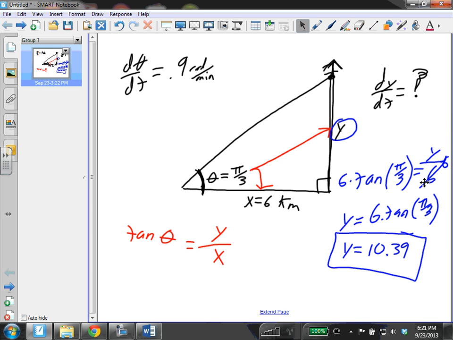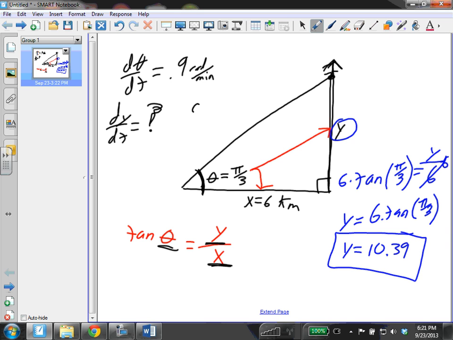Now, when we go to take a derivative, there are going to be several things at play here. Since we have a theta, a y, and an x, whenever we take a derivative, we're going to need a d theta dt, a dy dt, and a dx dt. So dx dt.